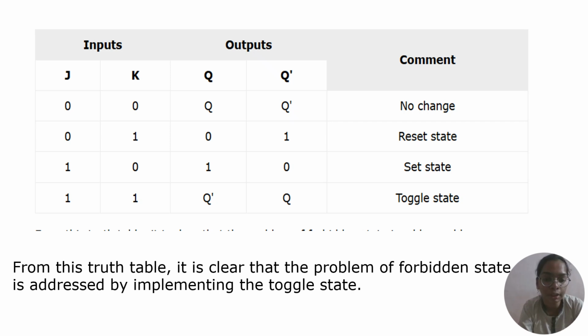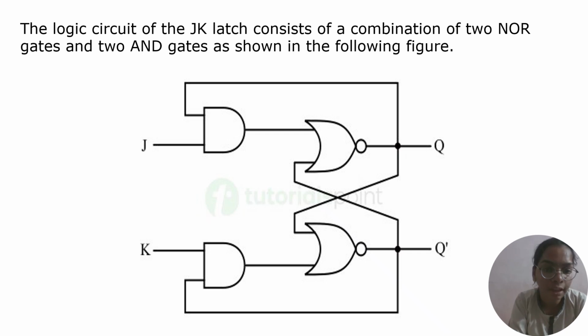From this truth table, it is clear that the problem of forbidden state is addressed by implementing the toggle state. The logic circuit of the JK latch consists of a combination of two NOR gates and two NAND gates as shown in the following figure.